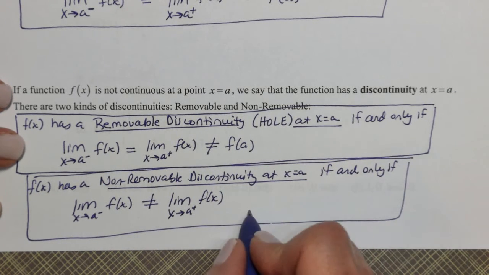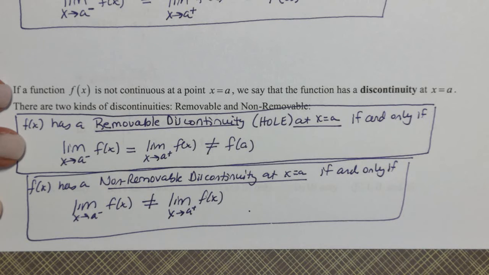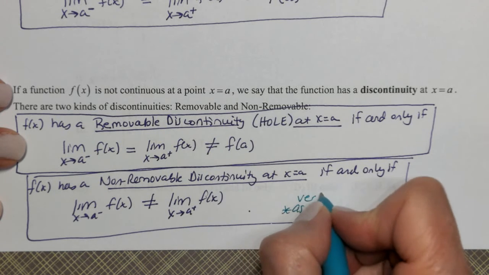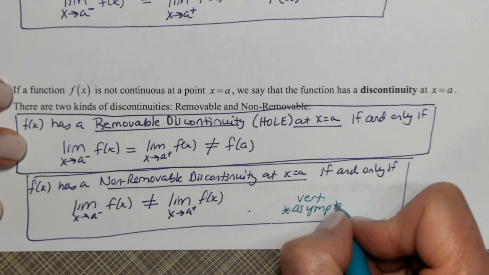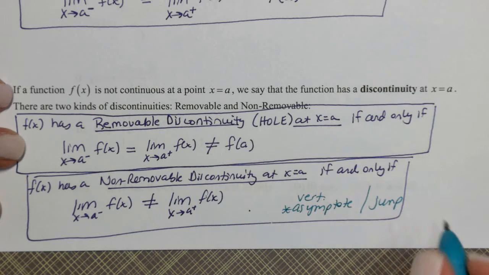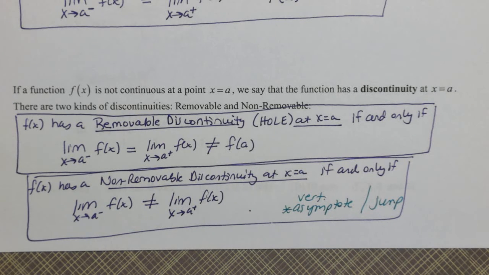And that would be an asymptote, a vertical asymptote, or a jump. Either one. Okay?